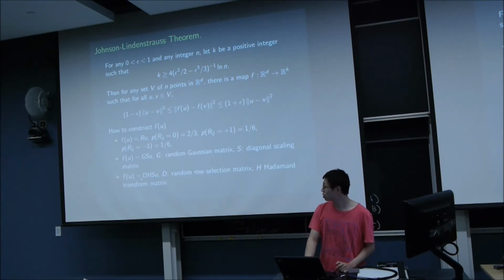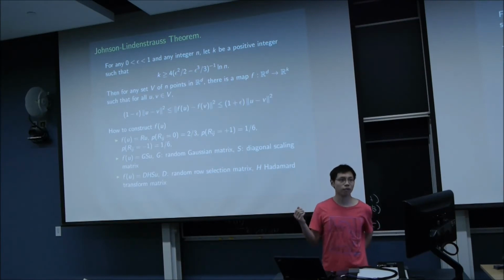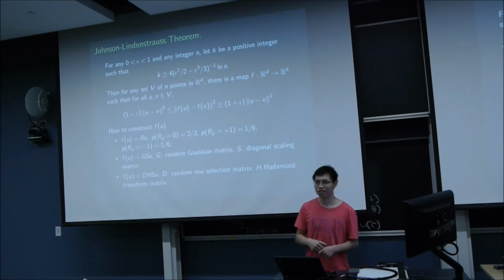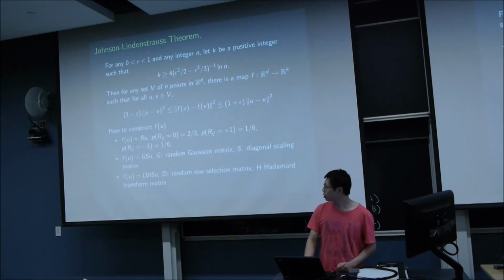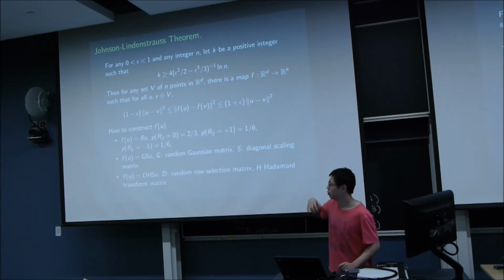And the third one has some structure. It's D times H times S times U. S is the same rescaling diagonal matrix. H is a Hadamard transform matrix, which is like a Fourier transformation on a real space. If you multiply by H, there is a very fast algorithm, like the FFT. And D is a sampling matrix.